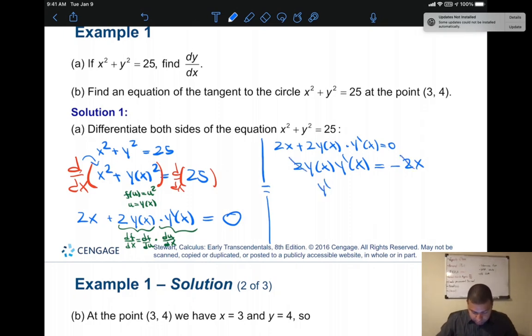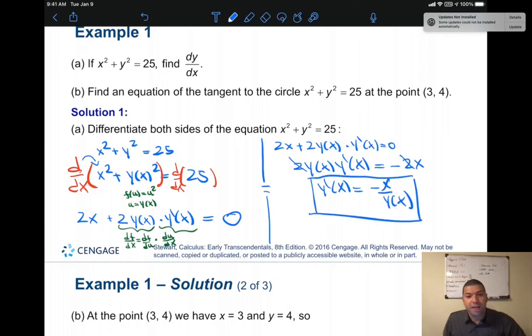And then y prime of x is equal to minus x over y of x. Okay. Isn't that awesome? Even though I don't know what y of x is, I haven't solved for it, I have a clean expression for y prime of x that only depends on x and on y. Let me rewrite this because it's looking very wonky.